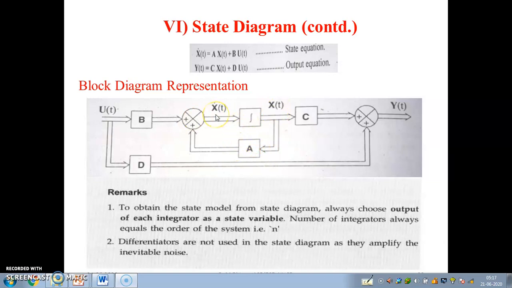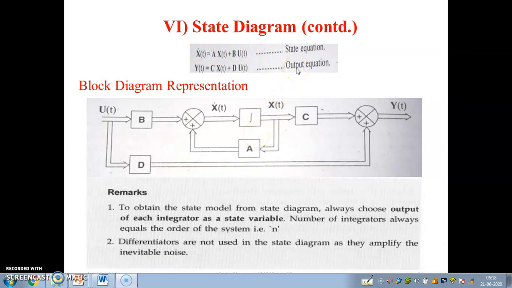So, if we require x of t, then an integrator has to be added into the circuit. A into x of t is given as one more input to the adder circuit. So, this forms the state equation.